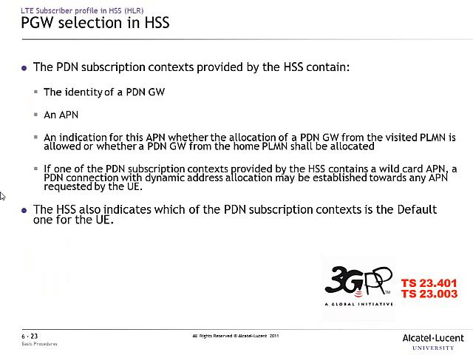Now, when you specify an external gateway, you normally specify something called an access point name.